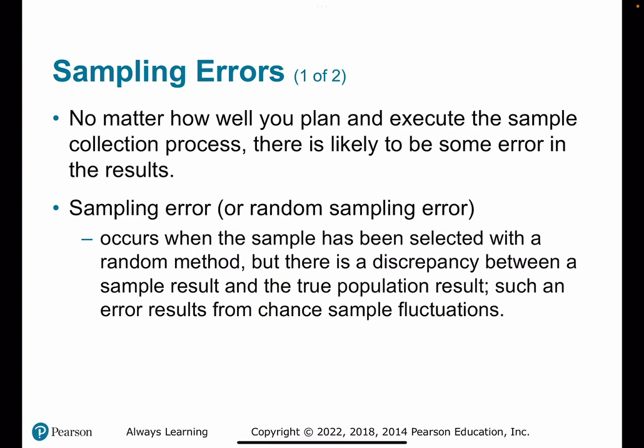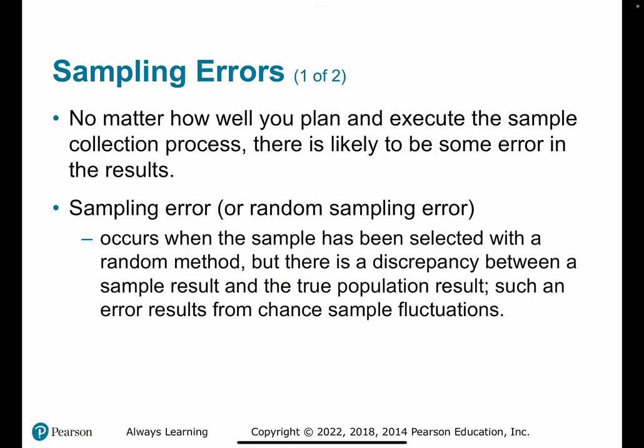So let's just say that, if we do things in a random way, then we would have like a 95% chance of getting a sample that really does represent the population well. But, it could be that we just had bad luck and we did everything right, and we didn't have bias, but we just landed in that 5% or 2% where we got a sample that was not representative of the population.